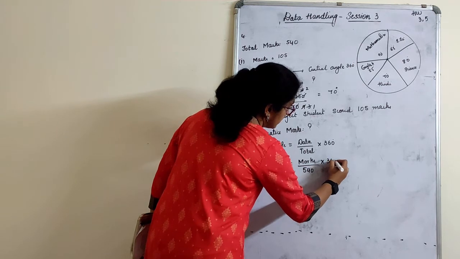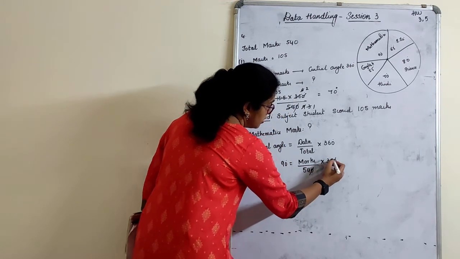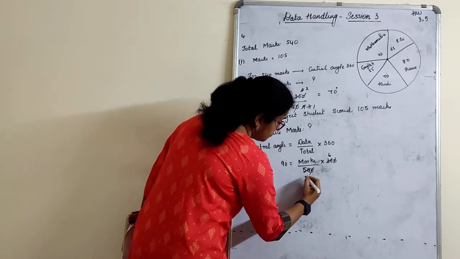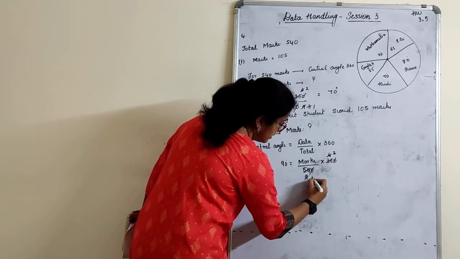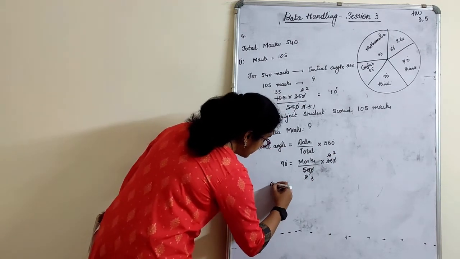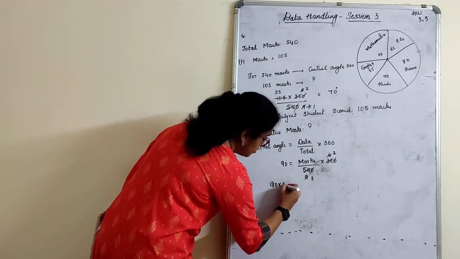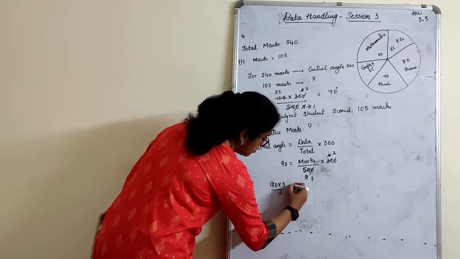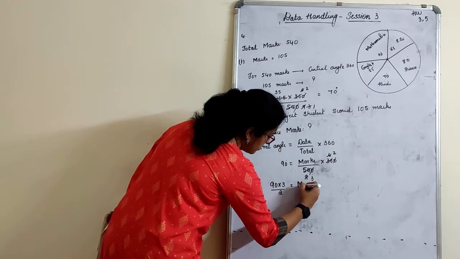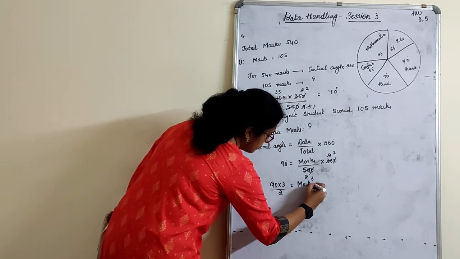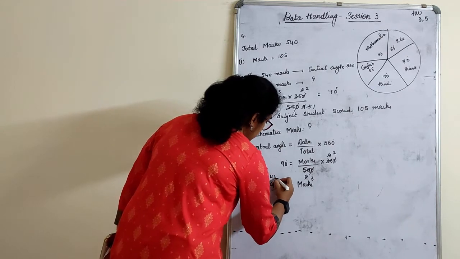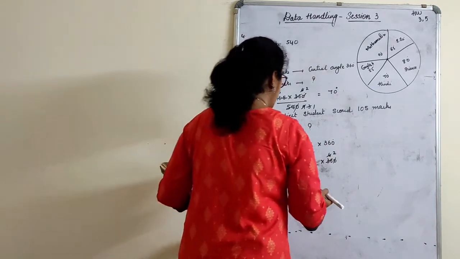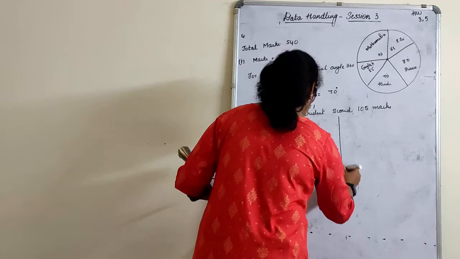into 360. 6 6s are 36, 3 2s are 6, 3 3s are 9. Cross multiply. 90 into 3 divided by 2 is equal to marks. 2 45s are 90, so I'll write it here.